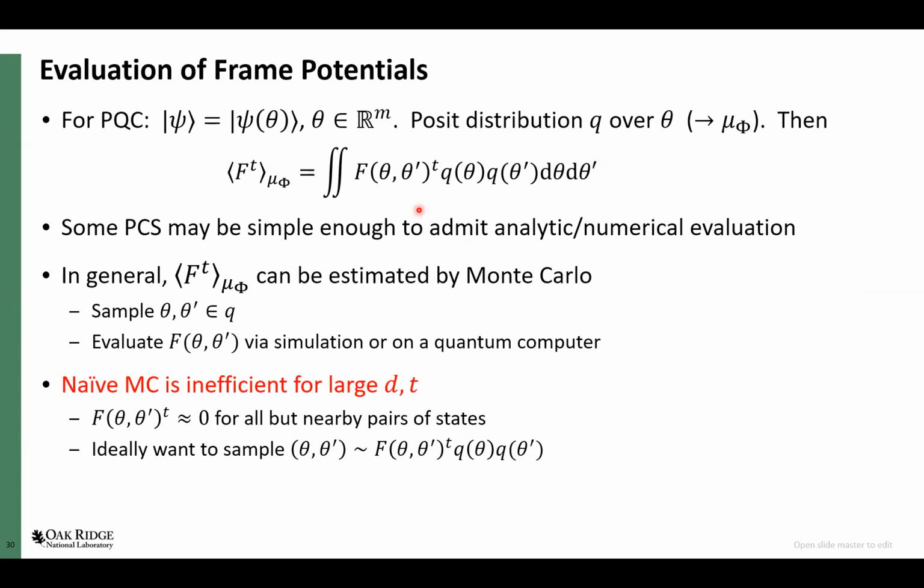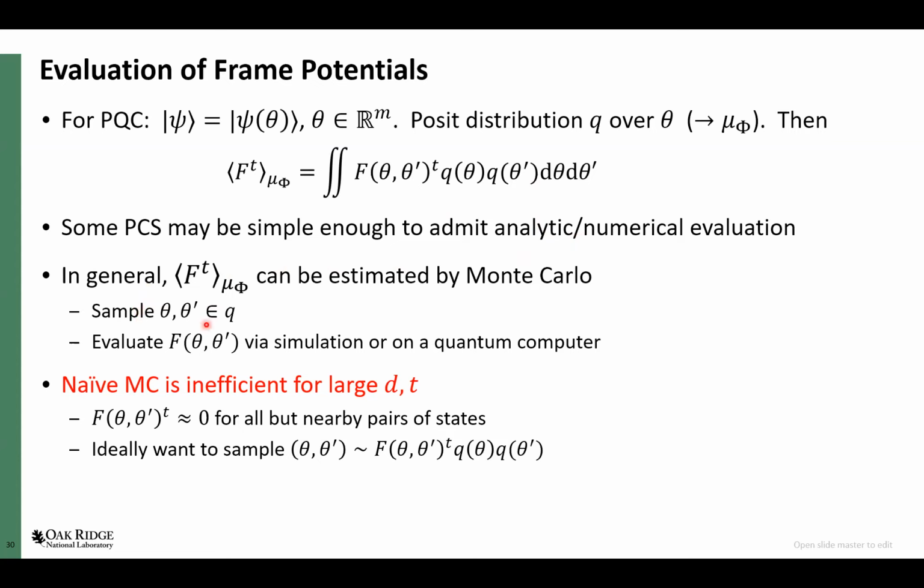If your circuit ansatz was simple enough, you might be able to work out these frame potential integrals analytically by hand. You might be able to evaluate this numerically if the circuit doesn't involve too many qubits. But in general, you'll need to estimate this using some sort of Monte Carlo.